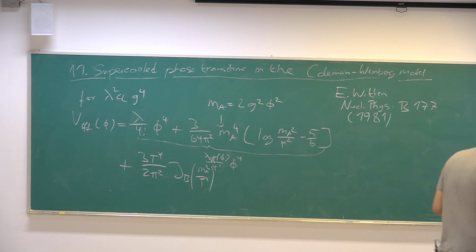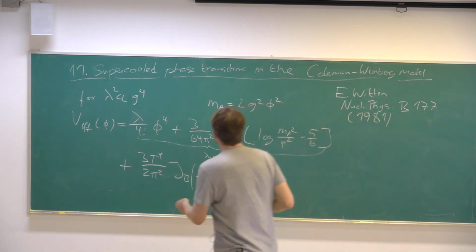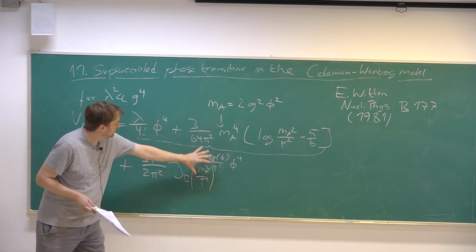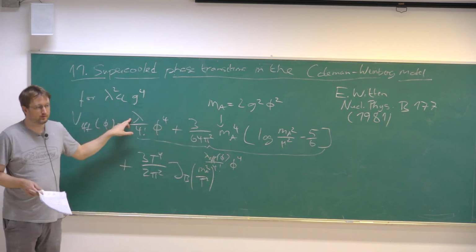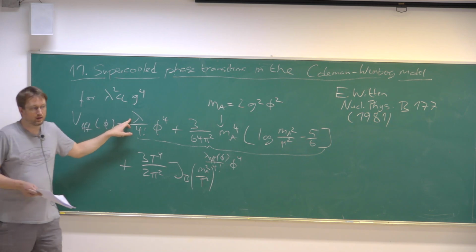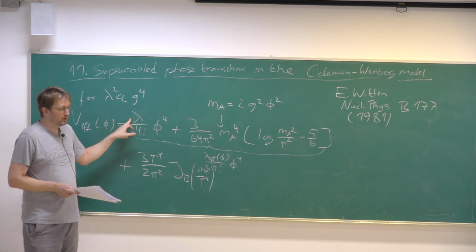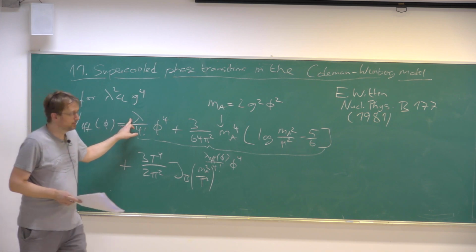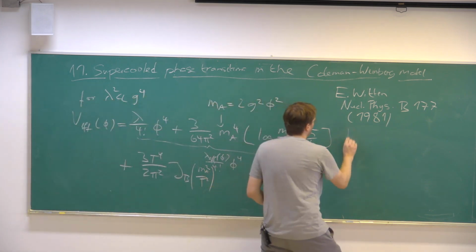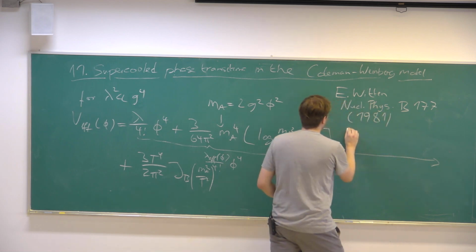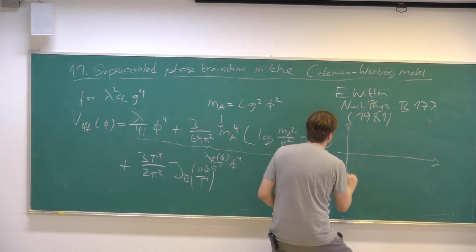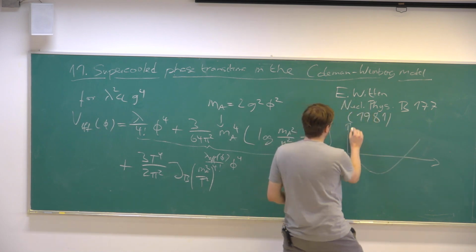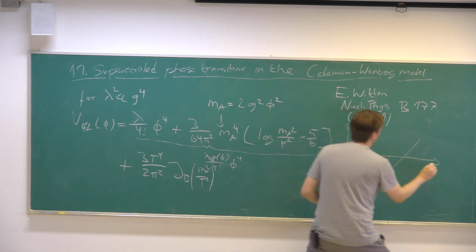And what I did also here, if you were attentive, you noticed that I have these two pieces. I forgot about this piece. I didn't forget about this piece actually. I just chose the renormalization scale where lambda is 0. So this I can always do. Remember lambda was effectively running like this, right? So you start with a negative lambda here, and then at some point it turns positive.